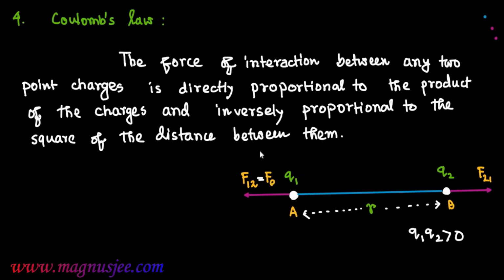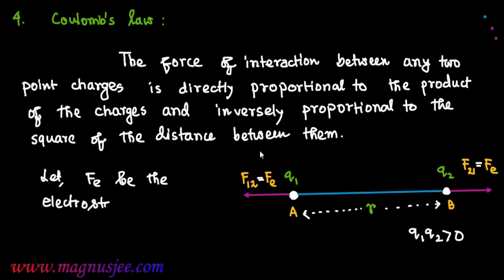We can denote the force F12, the electrostatic force of repulsion experienced by the first point charge Q1, by F12 equal to Fe. Similarly, the force experienced by the other charge Q2 due to Q1 is F21, which is also equal to Fe, where Fe is the electrostatic force. That means the two point charges experience equal and opposite electrostatic forces.